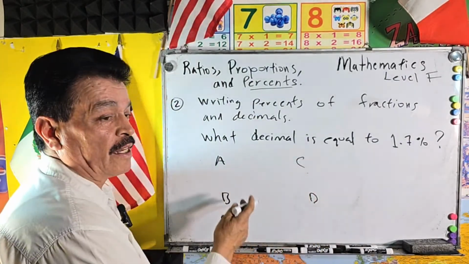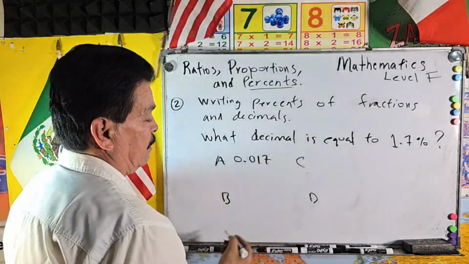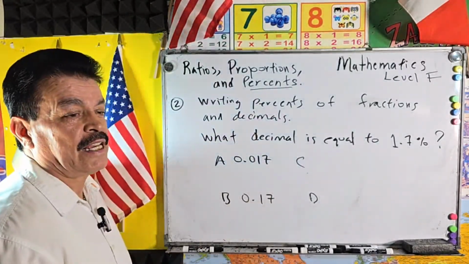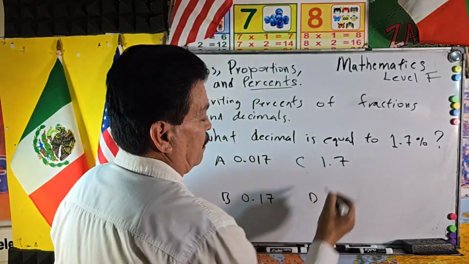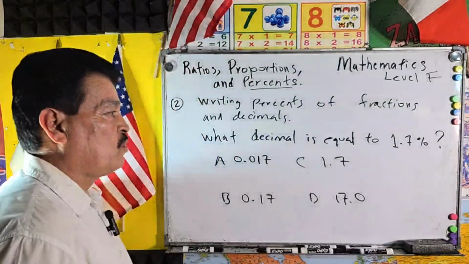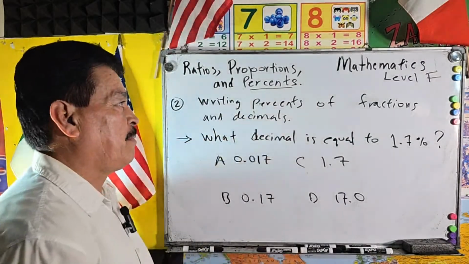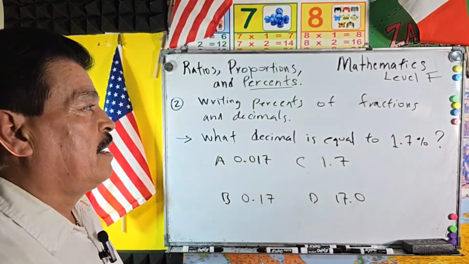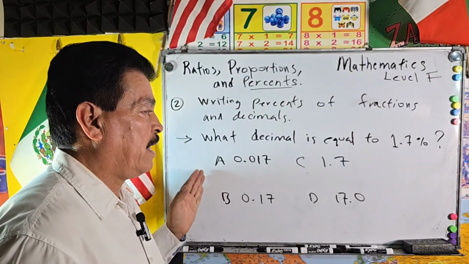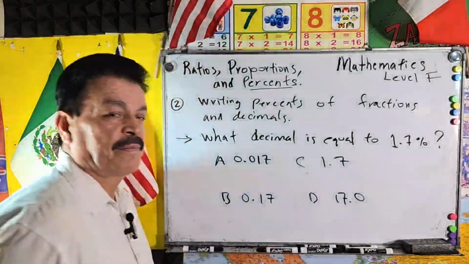Possible answers: A is 0.0170, B is 0.70, C is 1.7, and D is 70.0. So in the mathematics test, this kind of question usually comes: what decimal is equal to 1.7%?